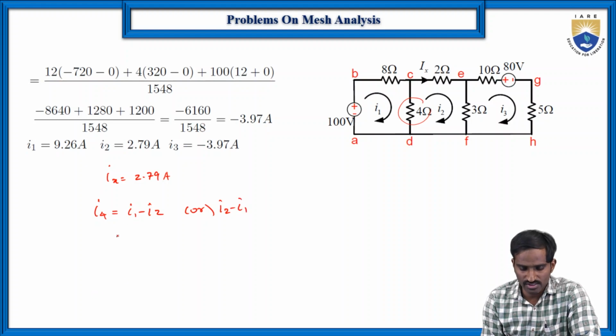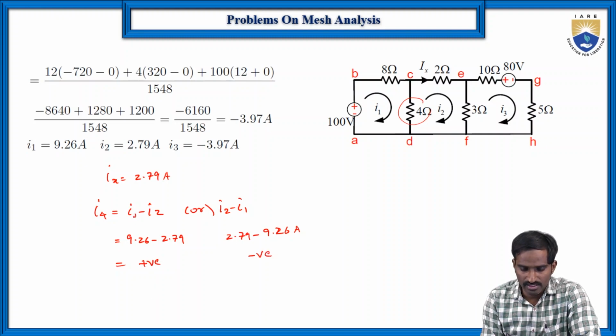If you consider I1 minus I2, I1 is 9.26 and I2 is 2.79, and you get a positive value. But with I2 minus I1, 2.79 minus 9.26, you get a negative value.